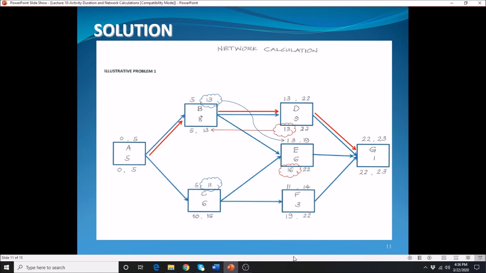First, for every activity that is within the critical path, the TF and the FF are zeros. Again, the TF and the FF are zero for all those activities that are in the critical path. That means that your activity A, activity B, activity D, and G have a zero TF and FF.